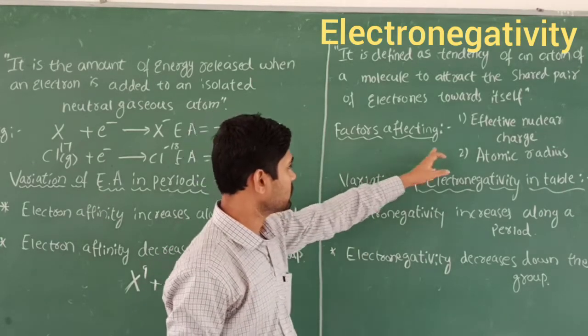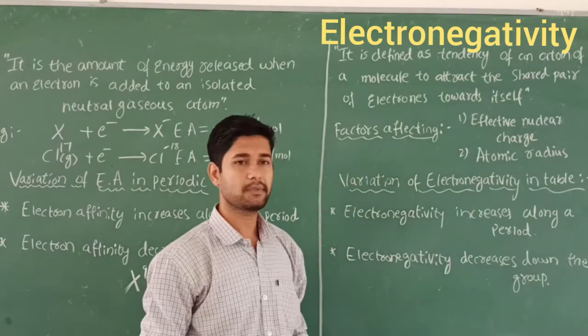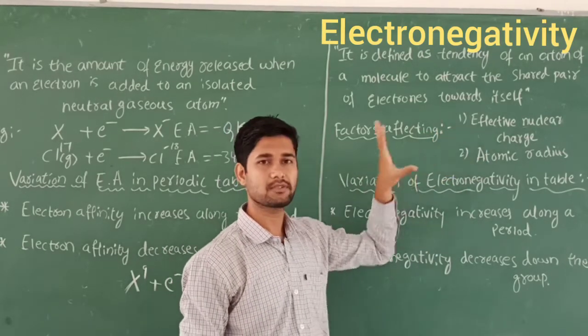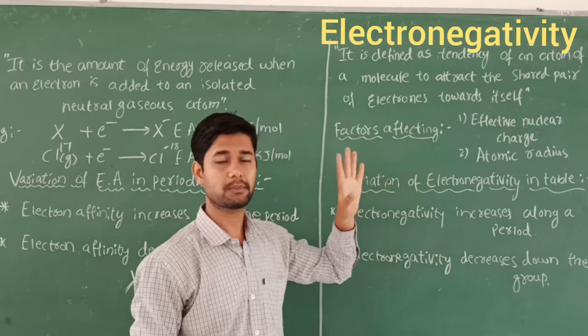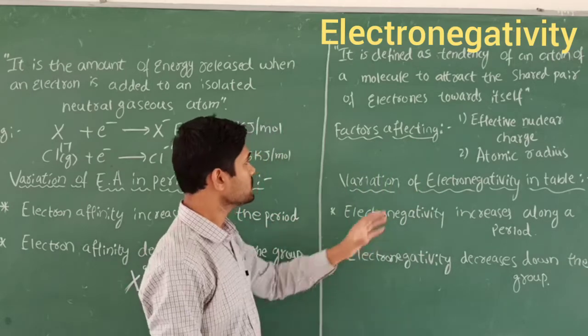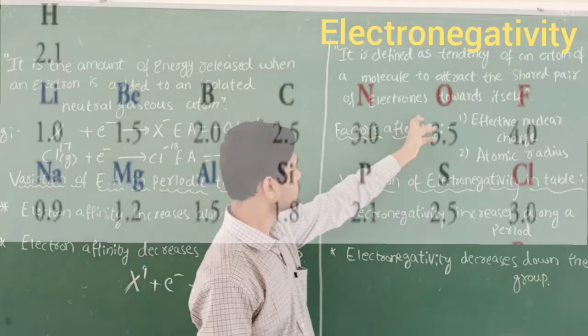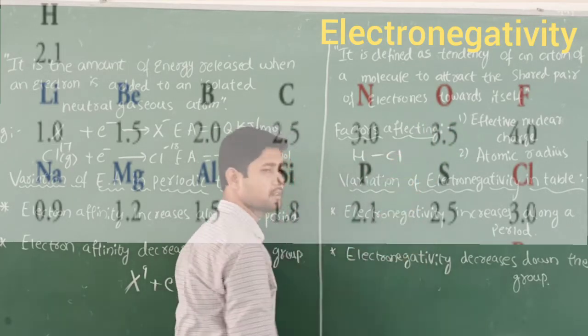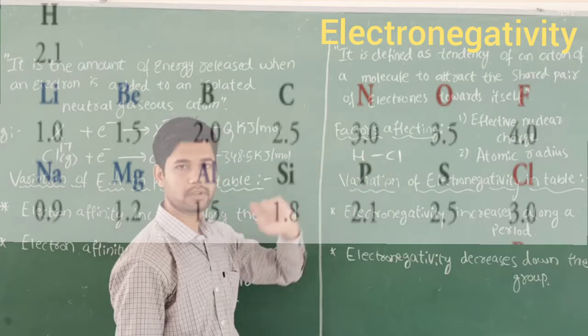The factors affecting it are nuclear charge and atomic radius. These two factors are the main things that apply to all the periodic properties of the elements. How can I give an example? Take HCl: this is hydrogen, this is chlorine.